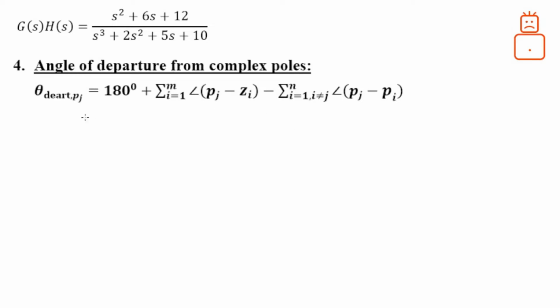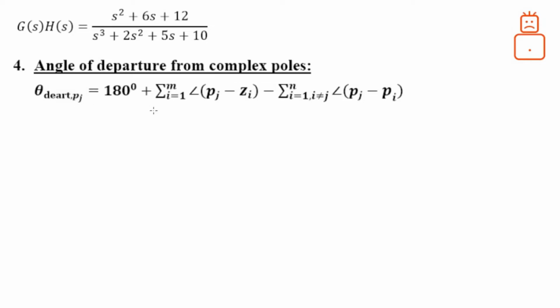The formula for finding such angles is given here. This is the angle that we need to know from the corresponding pole. For example, we have pole P_j.